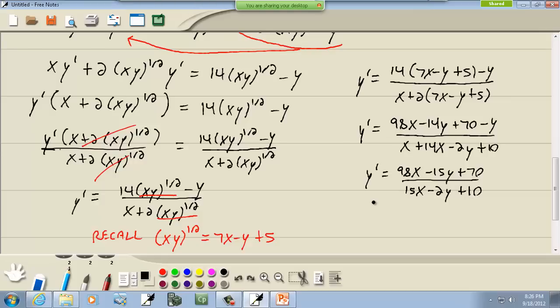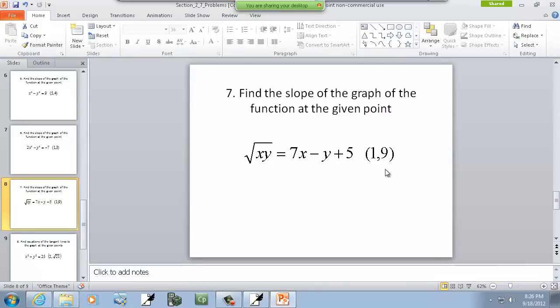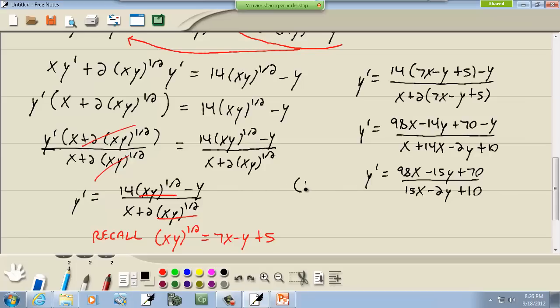Okay, now we're ready to plug in our point. I'll go over here and look for it. See how our point is 1, 9? So this is our x and this is our y. And this is step 2 now, we'll change y prime to m.